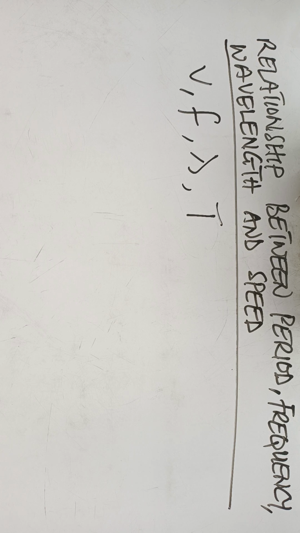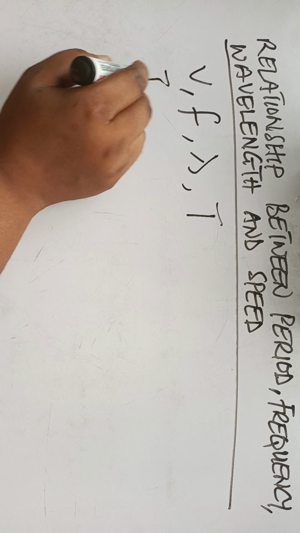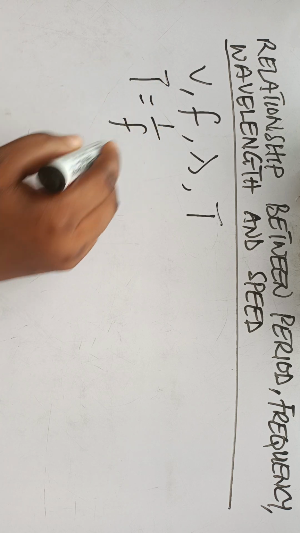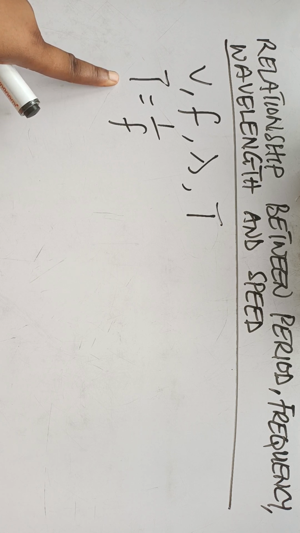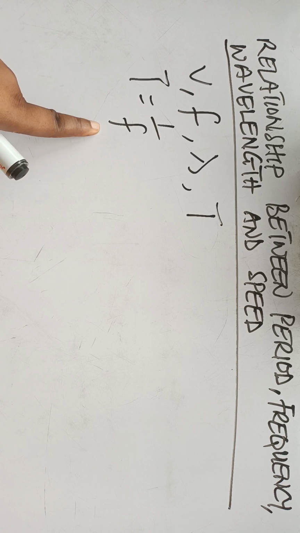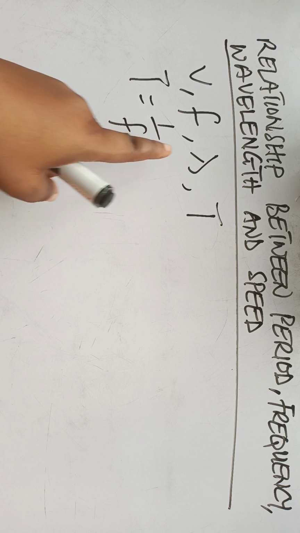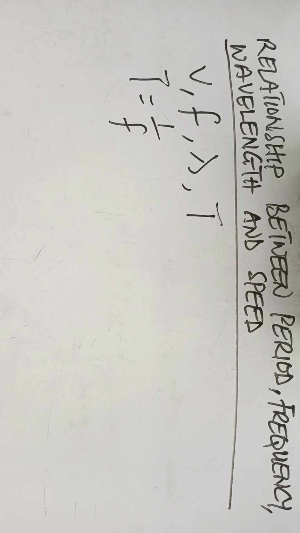So if in 1 second f waves cross a given point, then the period, or the time, becomes period equal to 1 over f, where capital T represents our period, and f represents our frequency.